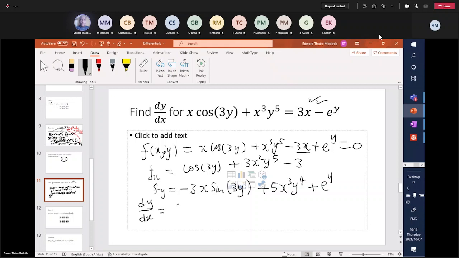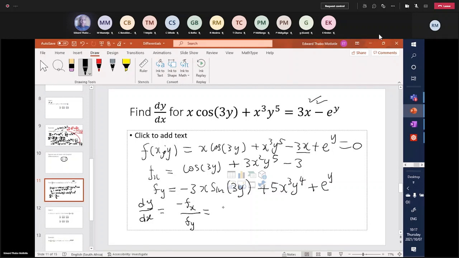Now dy/dx is equal to minus fx over fy, where x and y are subscripts. I hope you can see that. So the first derivative, and then this is what we have. Now we just substitute.